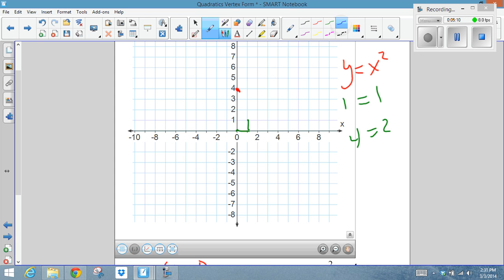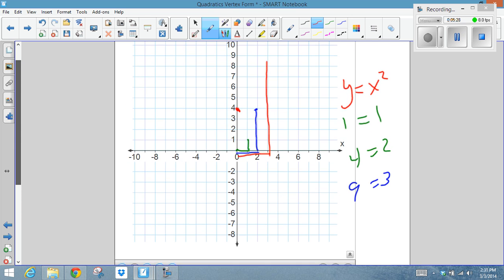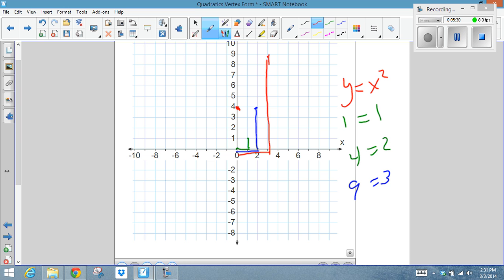So if I went over 2, I would go up 4. Then if I put 3 in, I would get 9. So let's say I go over to the 3, and I'm going to go up to the 9. And these points right here are what make my parabola. You can see how it goes like that.